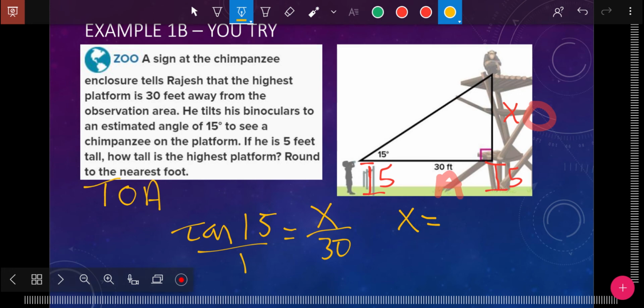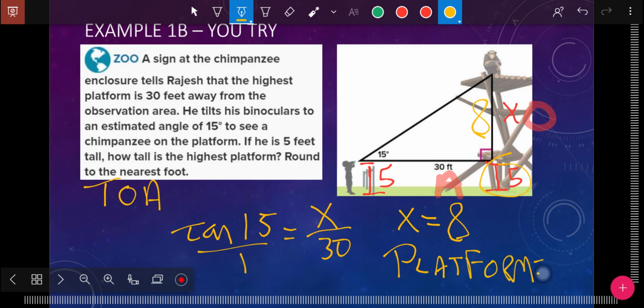It says round to the nearest foot. So if you said 8.038, you got it right, but we're going to round that down to 8. Now, this is 8, but we can't forget this is 5. So the platform itself is 8 plus 5, or 13 feet high.